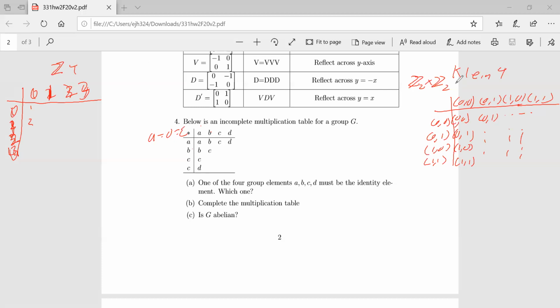Klein 4. Not quite. So one of the special things about Klein-like groups is any element operated on itself is the identity. Do we get that here?